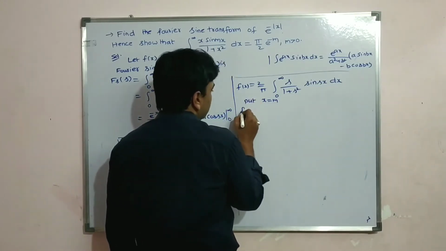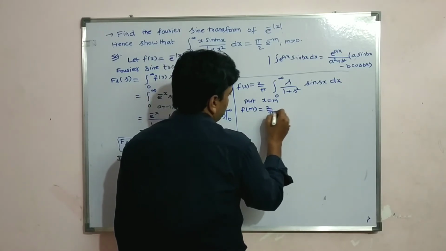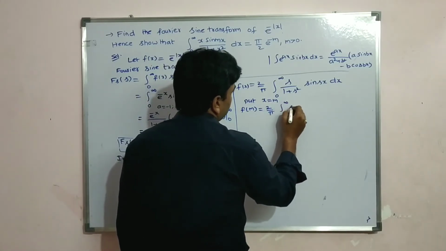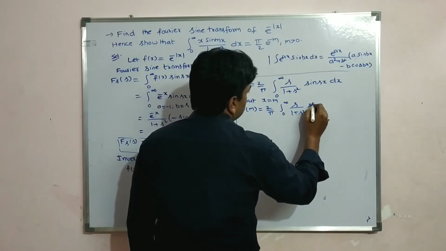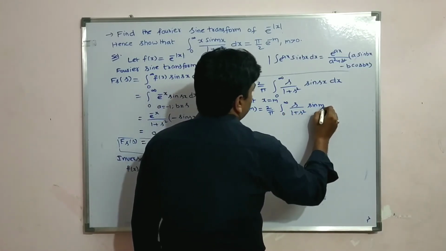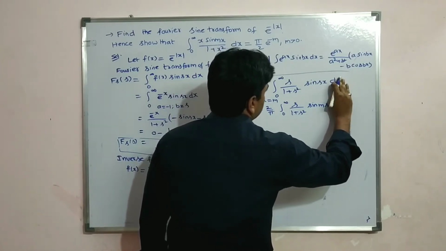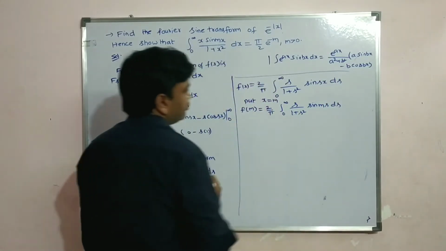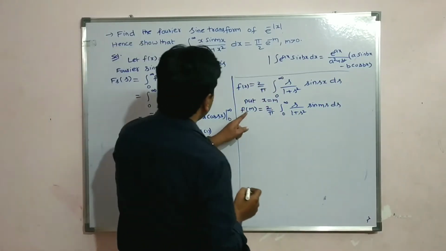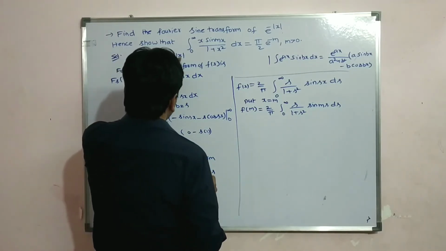That means we get f of m is equal to 2 by pi integral 0 to infinity s by 1 plus s square sin ms ds. Now, f of m means e power minus modulus m.